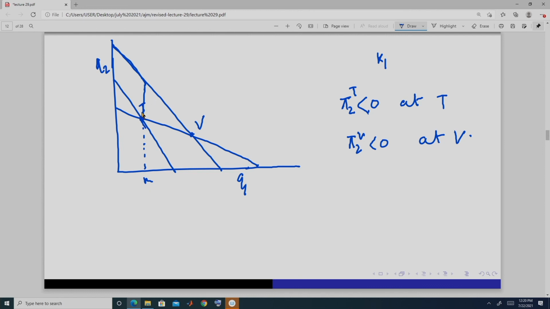So, since profit is negative at T, that is this, farm 2 never enters here, whatever, because if the capacity is here, then the reaction outcome should be this, but since profit is negative here, it will be negative here also.